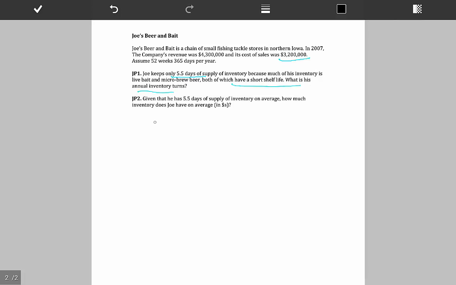Given that we already know the T, the best way to find annual inventory turn is just 1 over T, but you want to convert that T in terms of years first. So we can do 5.5 divided by 365, right? We have that in terms of years.